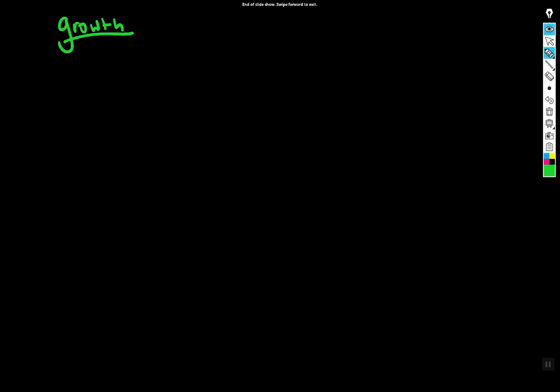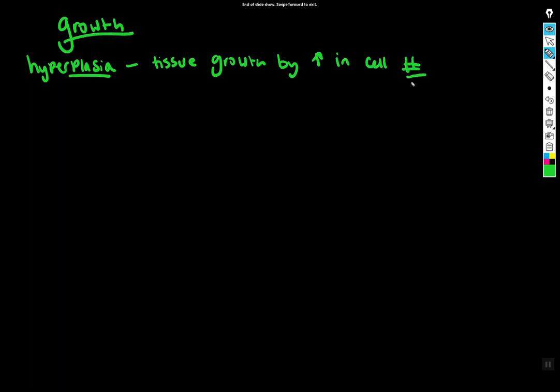So hyperplasia equals tissue growth by an increase in cell number. So cells do this via mitosis.